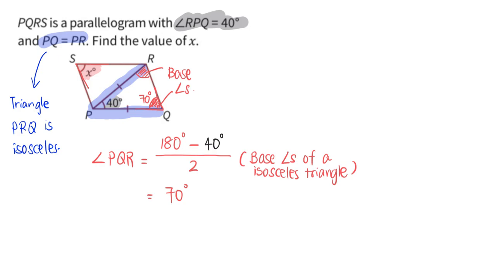And from here, we could then gather that angle PSR, which is this angle, is equal to angle PQR because they are opposite angles of a parallelogram.